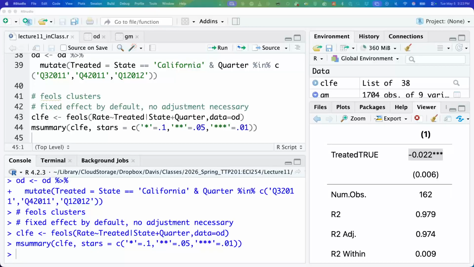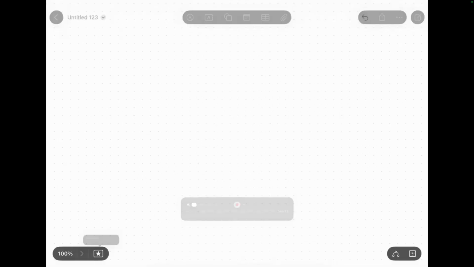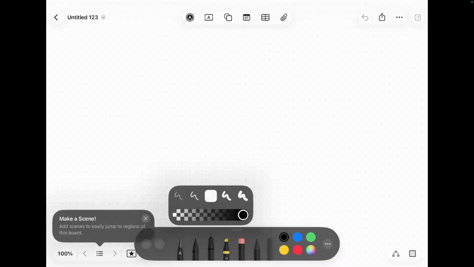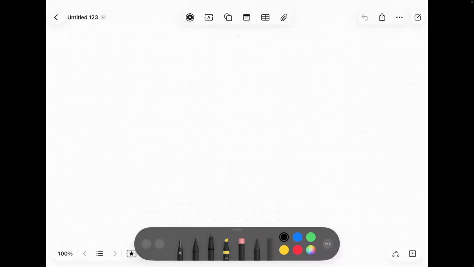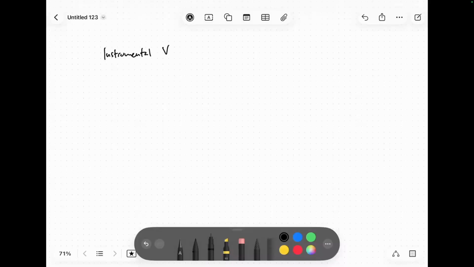So let us move on to the last one we'll talk about today, which is instrumental variable.